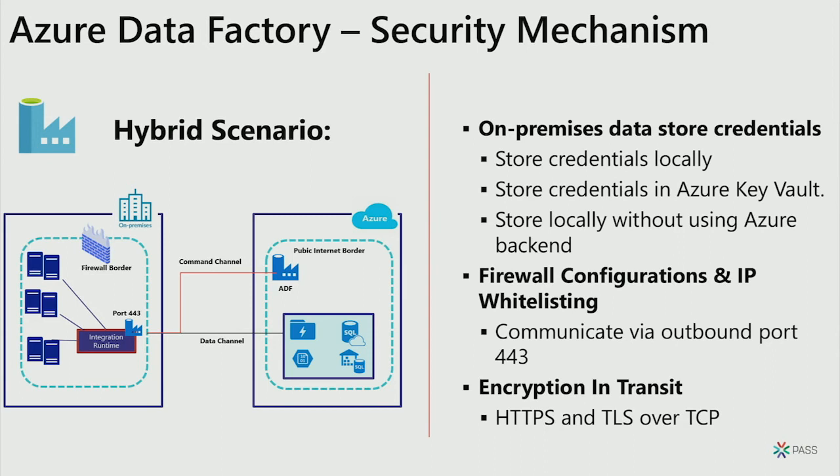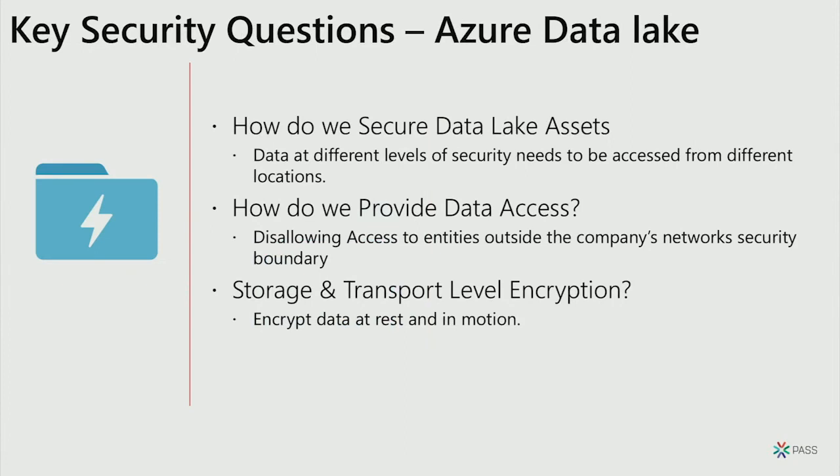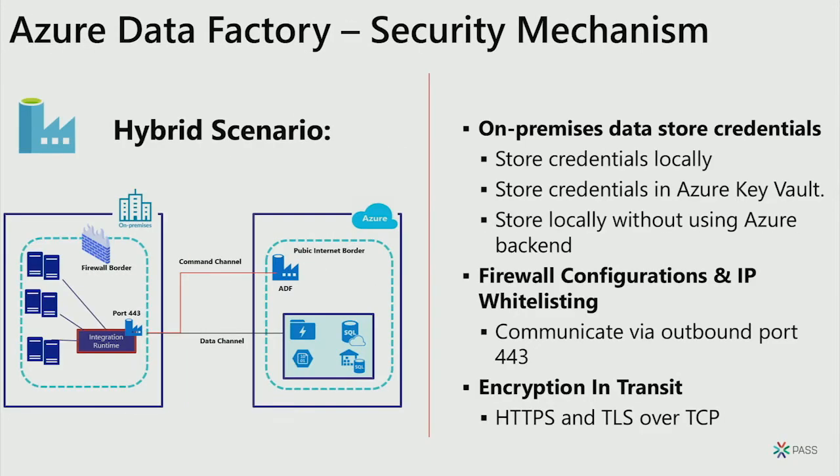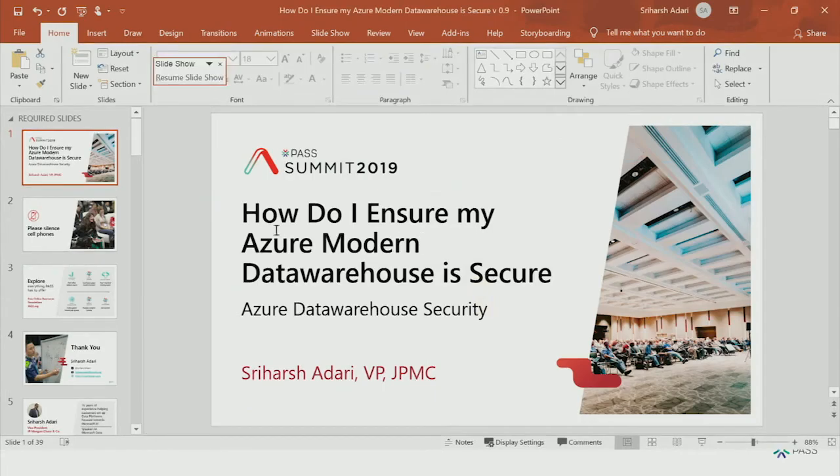You essentially install this integration runtime within your on-premise VM, and then you can basically get the data using this to your cloud data sources, right? So this is the second scenario. So even in this scenario, Azure Key Vault can be used. Azure Key Vault is an Azure component wherein you can basically store the credentials and stuff, and then you can work on them, right? So let me show a quick demo on that.